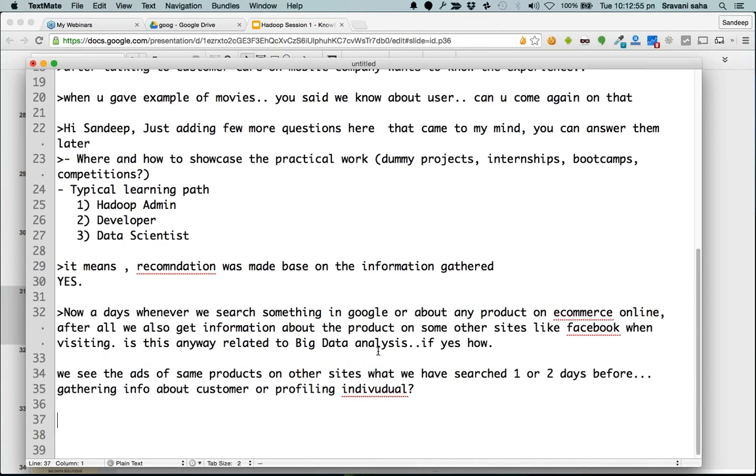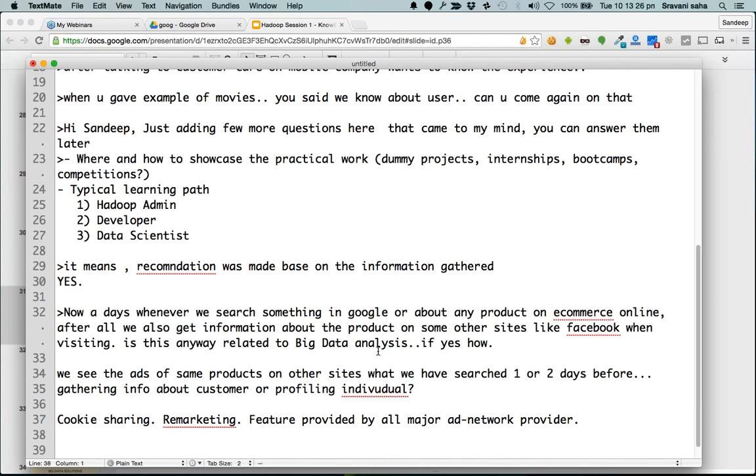If yes, what is this called? This is called cookie sharing, and also remarketing. This is a feature provided by all major ad network providers.